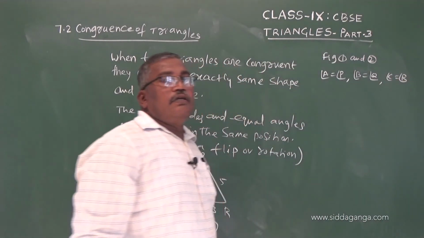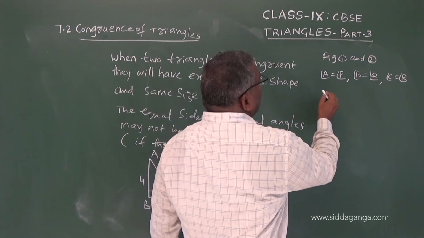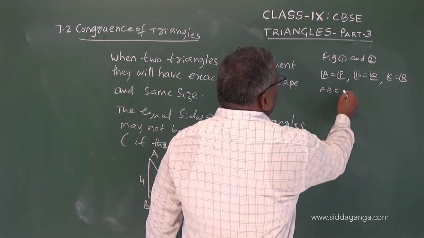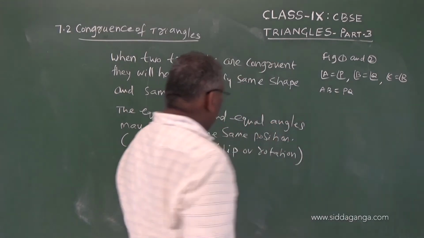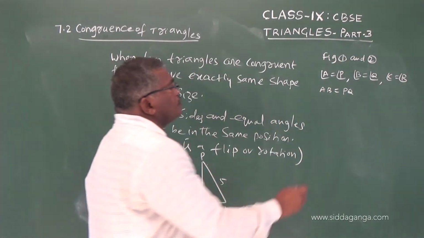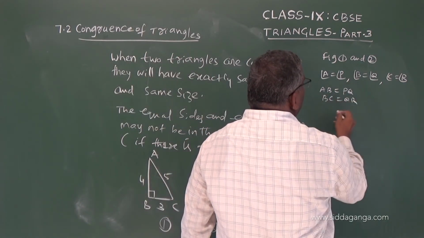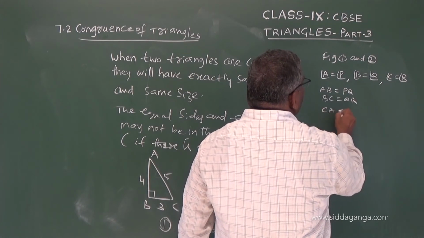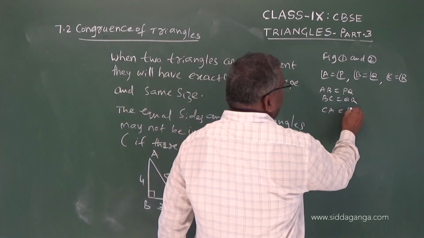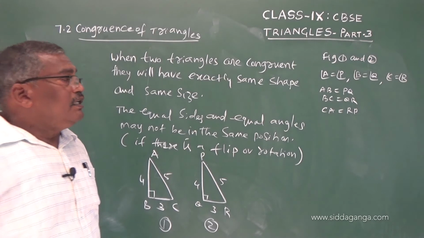So three angles are equal. Not only that, AB will be equal to PQ, and BC equals QR, and CA equals RP. So three angles are equal and three sides are equal.